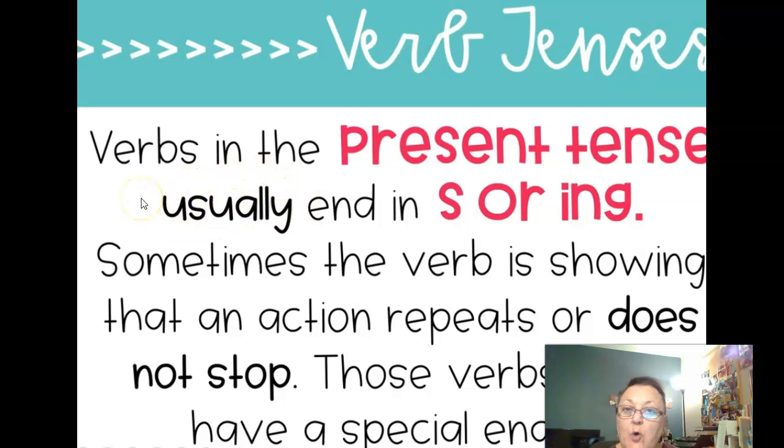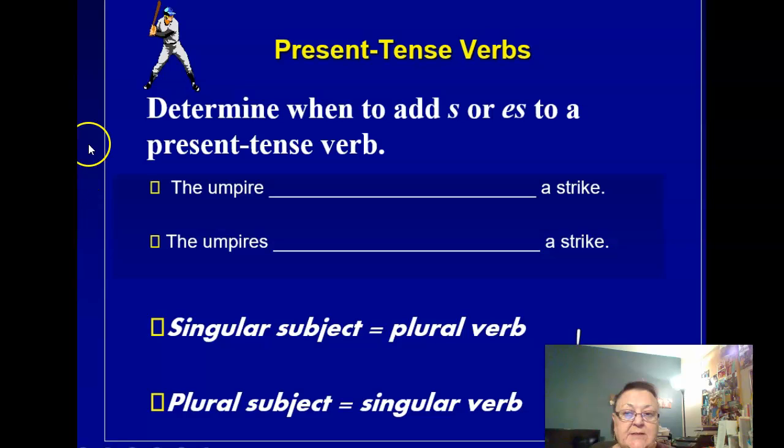That doesn't say always, so not every word that ends in ing is going to be a present tense verb, just so you understand that. Sometimes the verb is showing that an action repeats or does not stop. Those verbs don't have a special ending. So we're going to go through some of these present tense verbs, so you'll have a good understanding of what are present tense verbs.